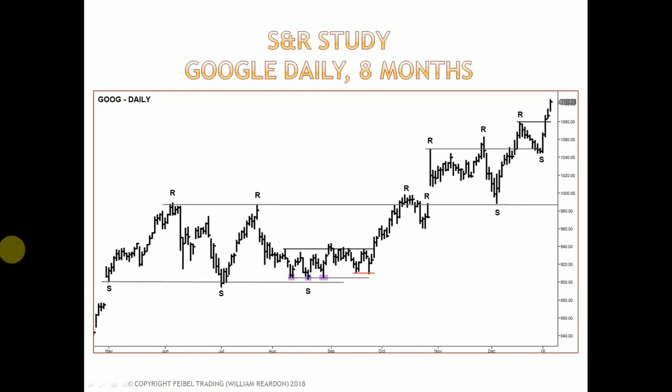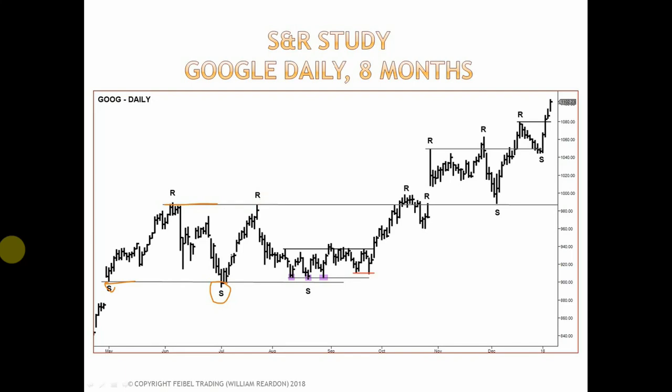So we have support. As it rallies, we draw. As we come down here, as we react, this will be drawn. Then we have support down here. So now we have a working support and resistance level, and we would expect this level to hold.